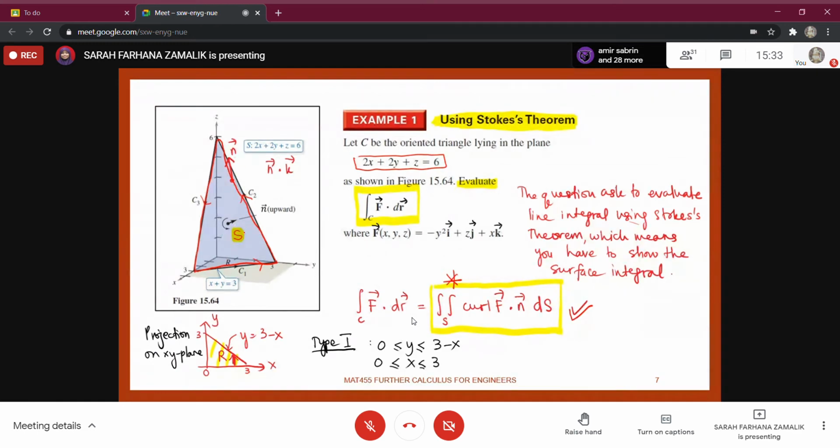So that is your S. That's how you know the equation of your S. The direction is counterclockwise. Then you know this is the unit normal N which is pointing upward on your positive side here. So far, can you understand? Okay.